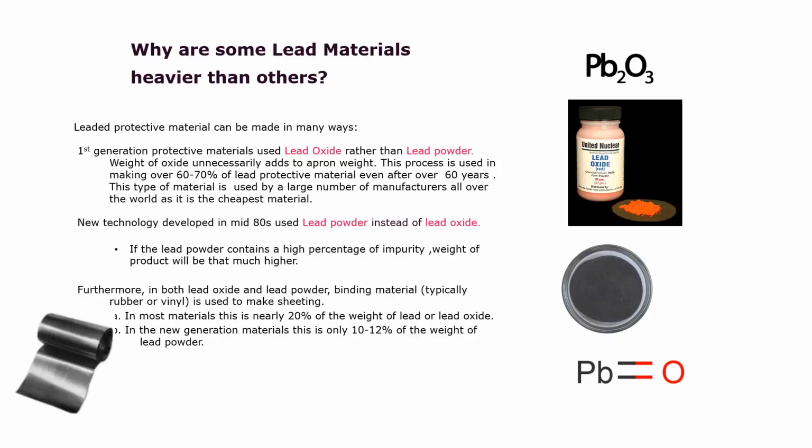Given a choice based upon the weight of the material and how long you wear the material, the obvious choice would be to choose non-leaded material every time, because the non-leaded material absorbs the same amount of radiation as the lead, and also it's lighter.